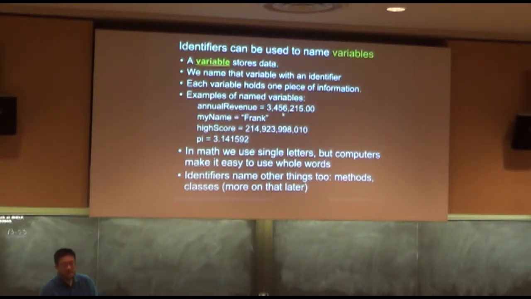You can't have $3,456,215 over here equals annual revenue. That doesn't work. That's going to result in an error that Java tells you doesn't compile. And the reason why that is because assignment is not equality. Assignment is assignment, and we store things by putting the thing on the right into the variable on the left.